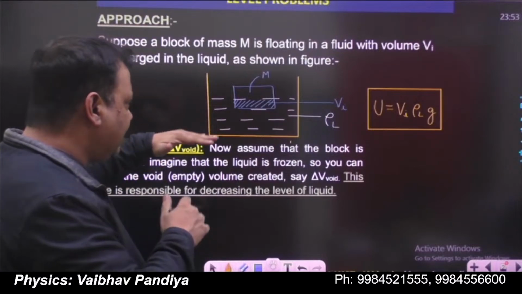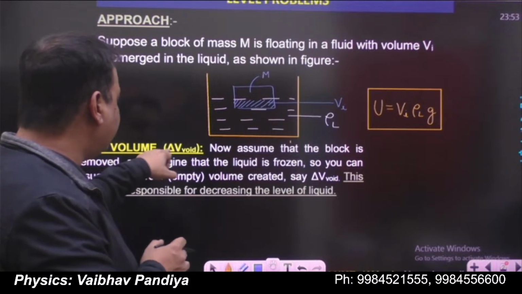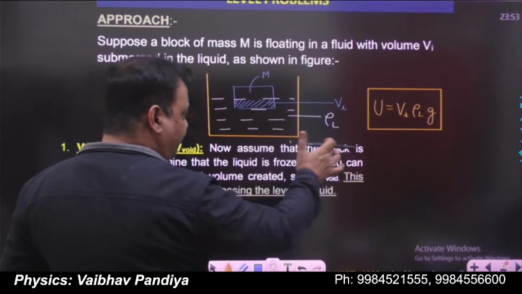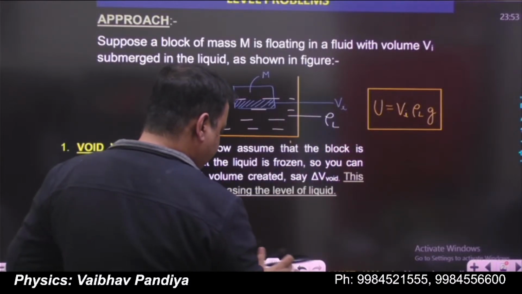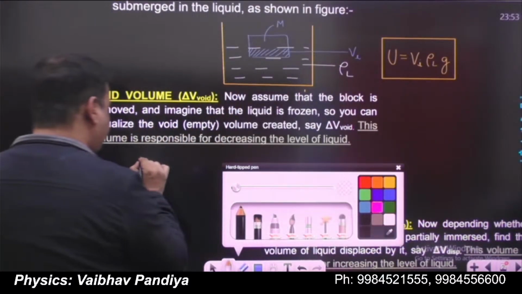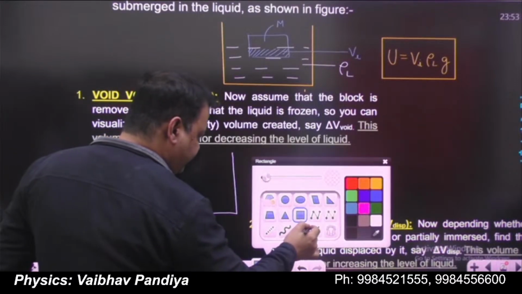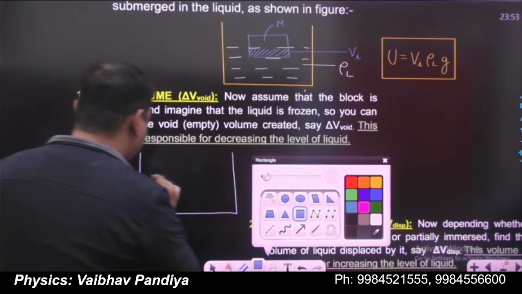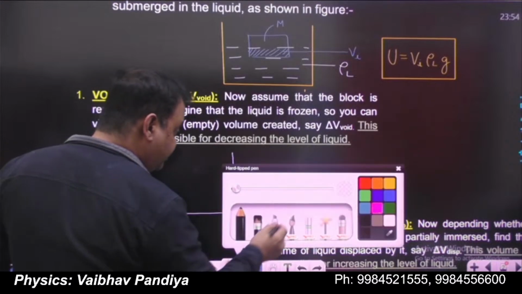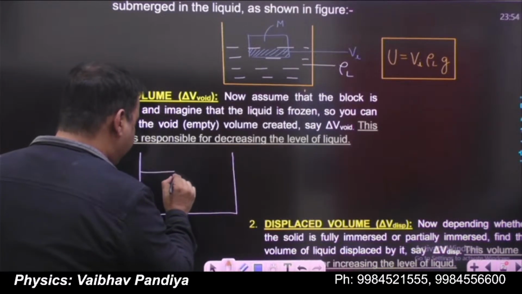So when we are lifting up the solid or removing the solid, let the volume which gets free be delta V void. That is the void volume, the volume which will get free. So how can we find the free volume? Simply this volume will get free. If you want to visualize what this free volume is like, just imagine you have lifted up the block and, for the time being, that the liquid is frozen, so the liquid will not move to fill the empty space.